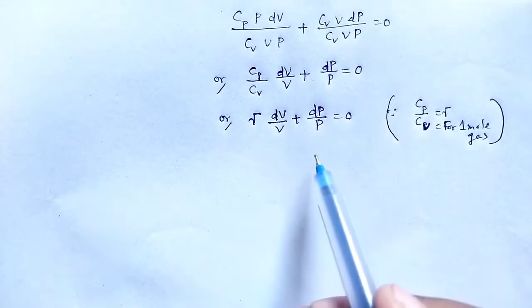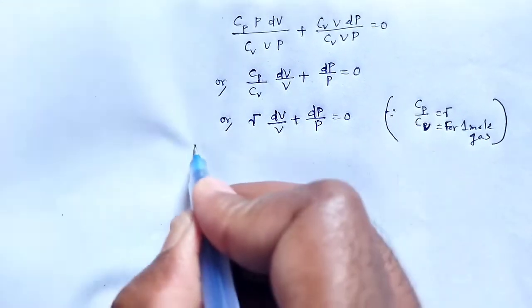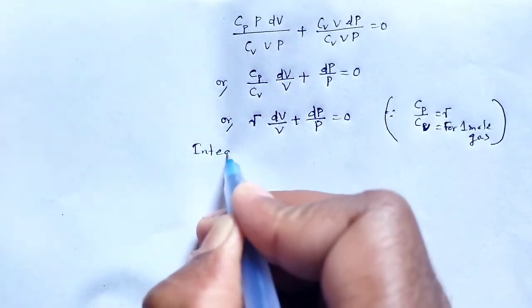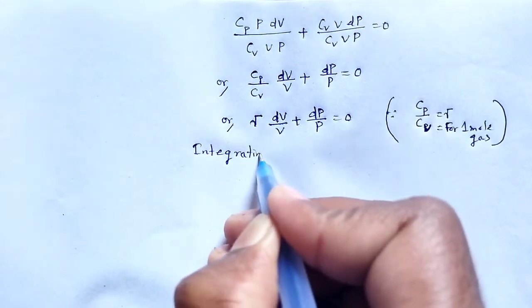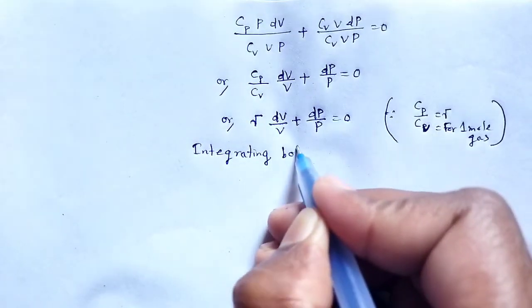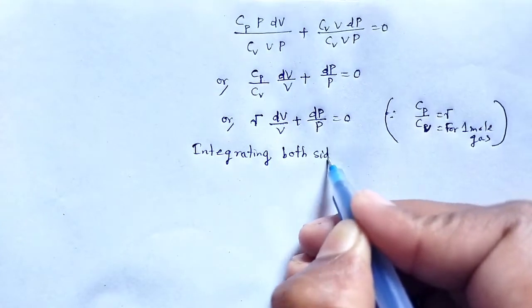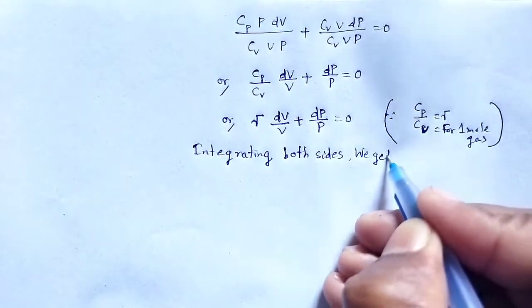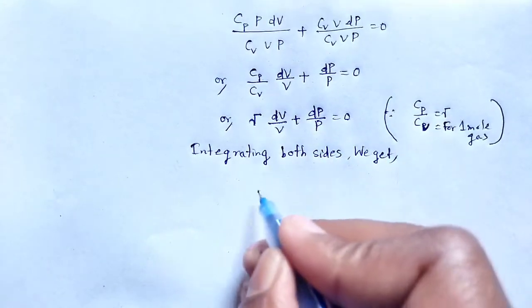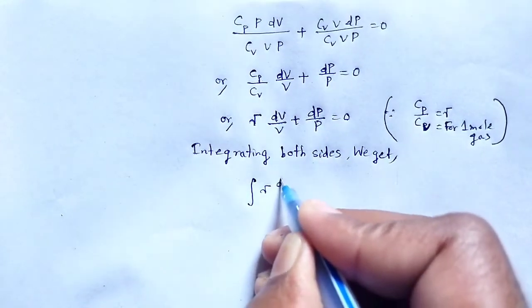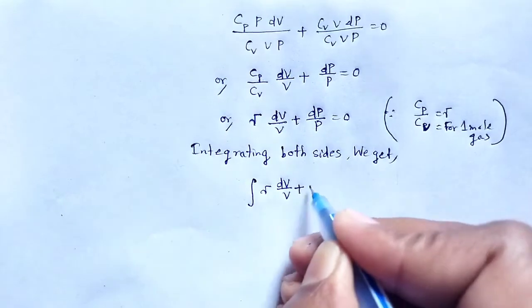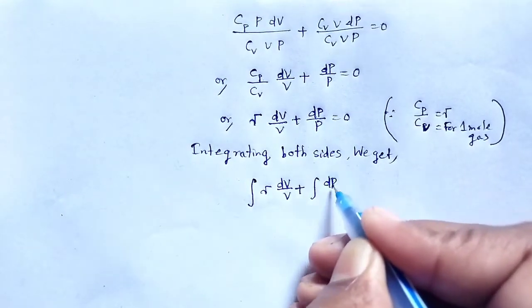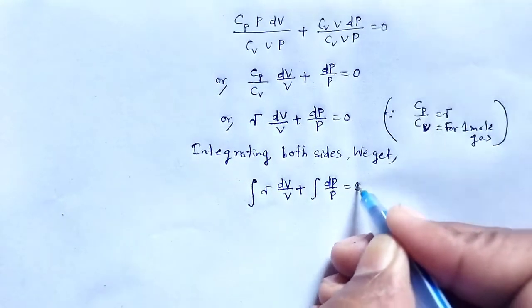Now integrating both sides, we have integration of gamma dV by V plus integration of dP by P is equal to 0.